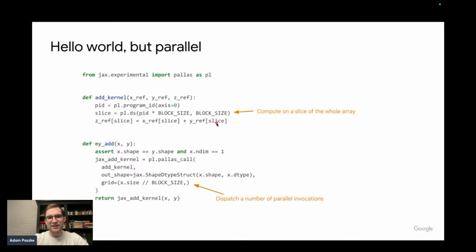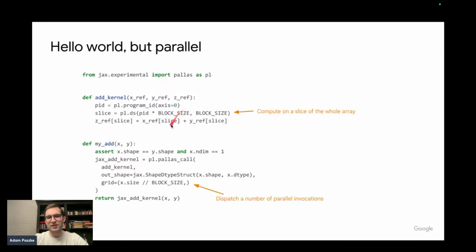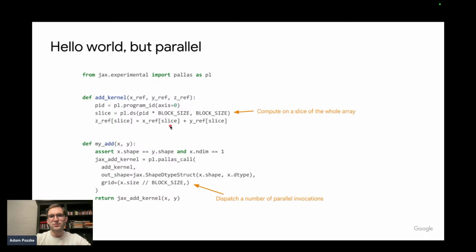Then we just apply the slice. We replace this trivial slicing that we had before with the slice, and that makes every single thread operate on only a subset of elements. Now, one thing to note here, as I said before, those references are shaped. They're not pointers. So you also do not slice them using a range and integer arithmetic.